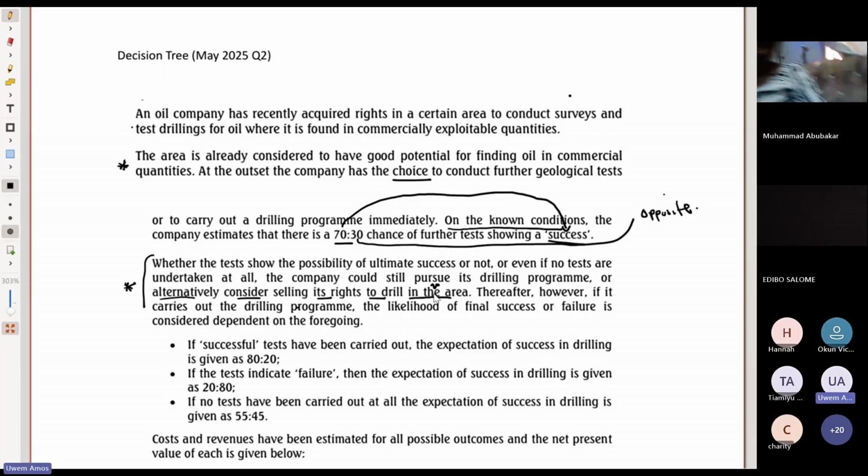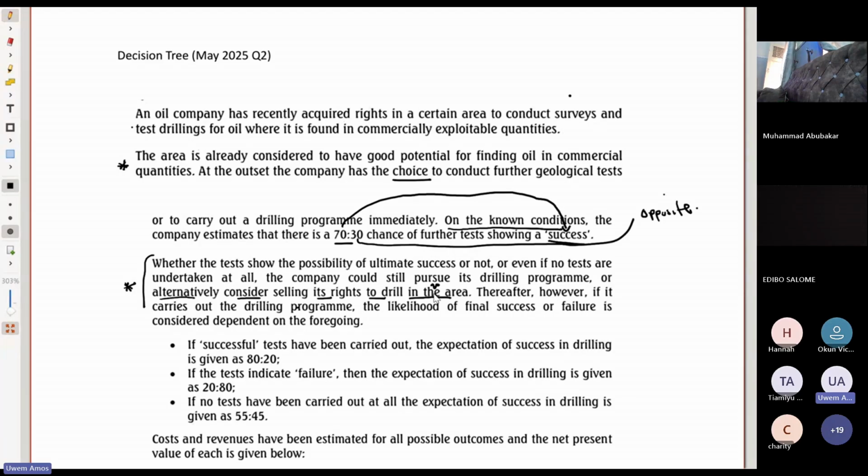Whether or not the test is successful, or even if the tests are not undertaken at all, the company can decide to say we want to pursue the drilling program, or they consider selling the right. So that's the choice the company has to make.